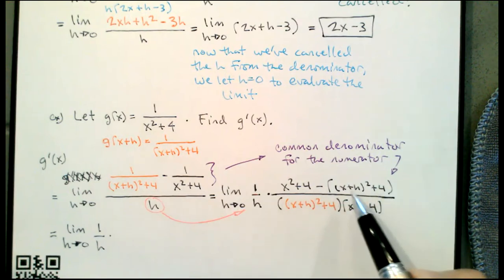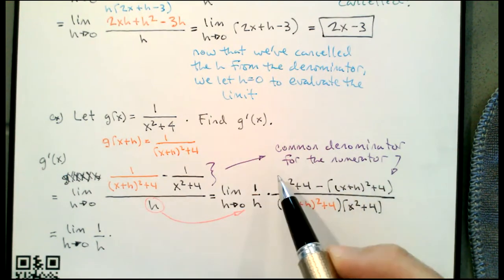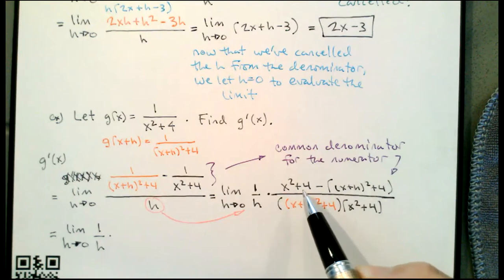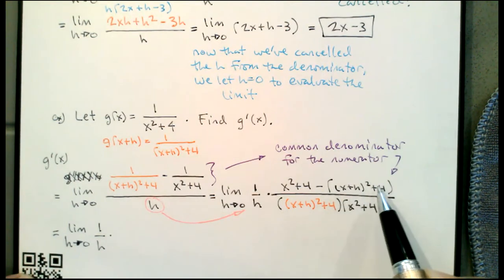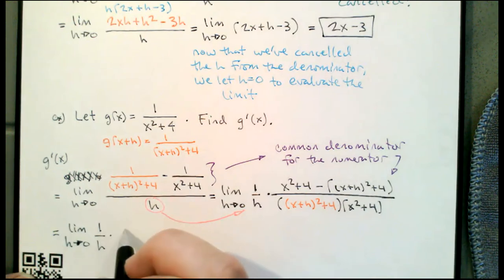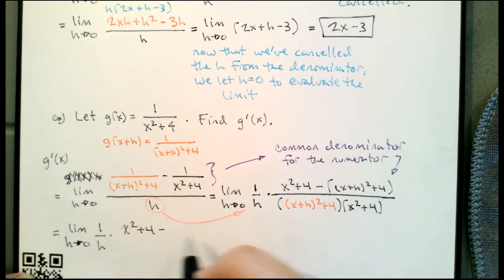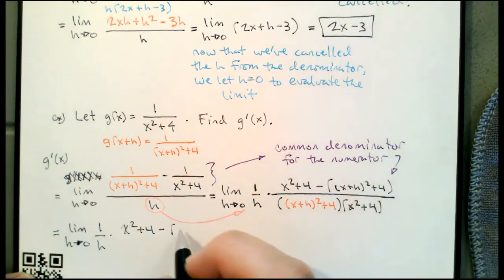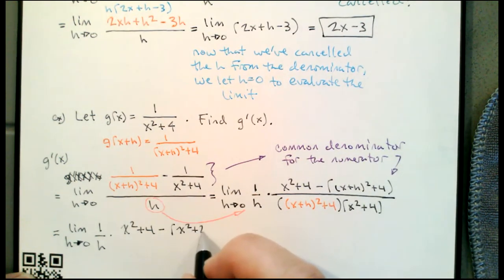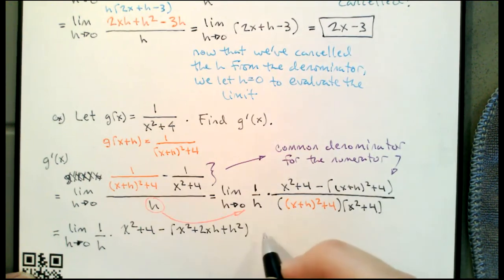Over here in the numerator, I'm going to multiply (x plus h) squared plus 4, and then subtract that from x squared plus 4. So I'm going to have x squared plus 4 minus (x squared plus 2xh plus h squared plus 4).